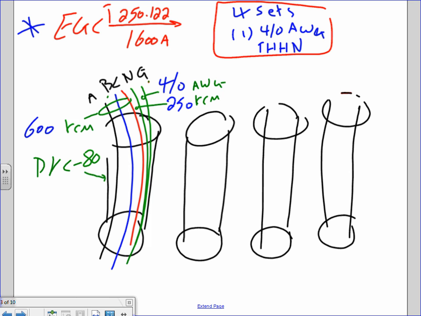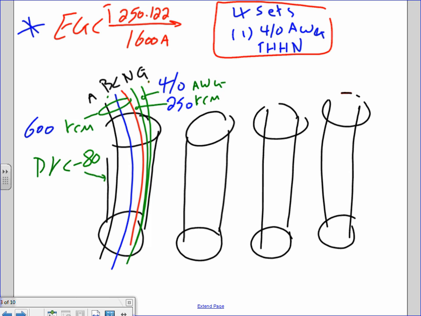I have 3 conductors of 600 kcmil THHN, one conductor 250 kcmil THHN, and one 4/0 ground THHN. Easily, you do the calculation and you size your conduit. So you're going to see 4 conduits like this. And you guys have a graphic of this, right?